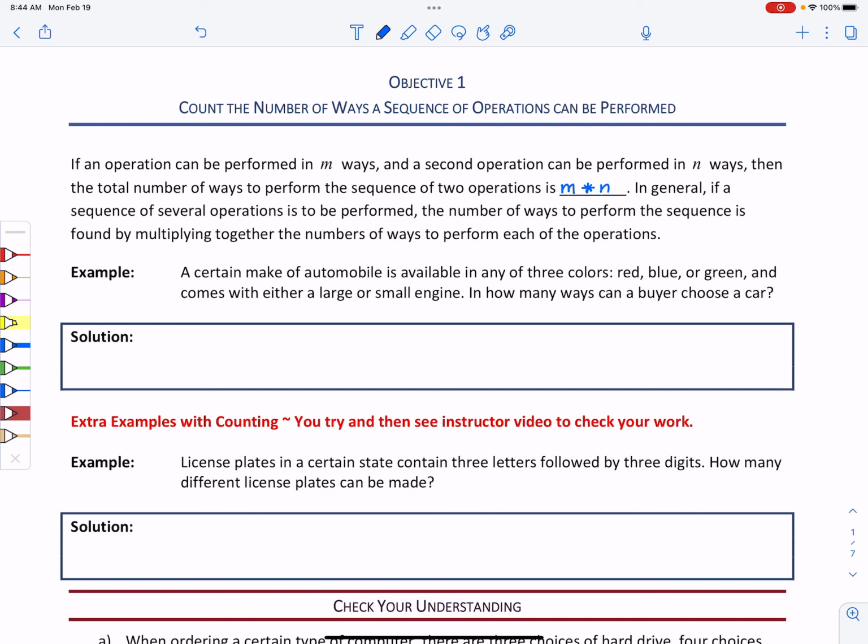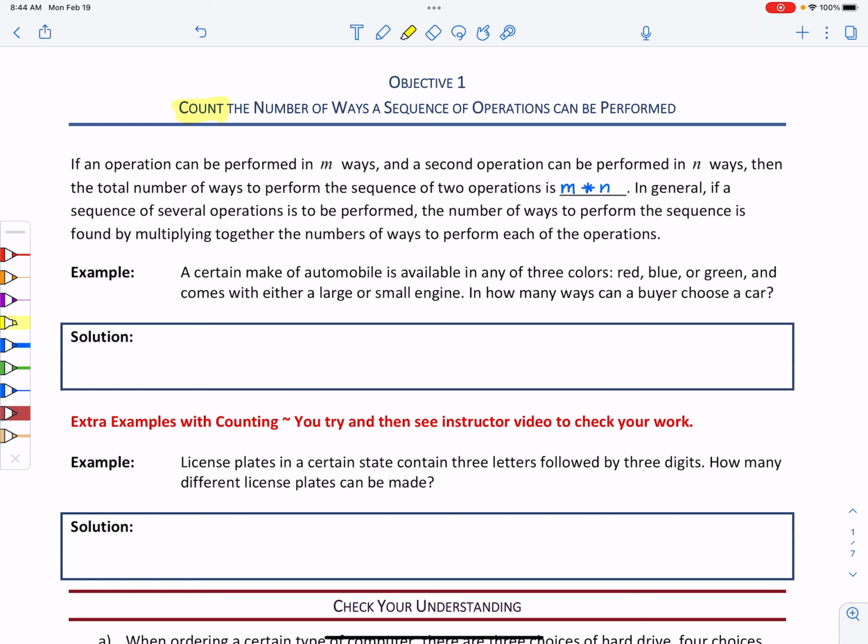In section 5.4, we are looking at different methods that we can use to count the number of ways that something can happen, or the number of outcomes in a particular experiment. The main thing to note first is that when you have multiple things happening, this talks about a sequence of several operations, where multiple choices have to be made.